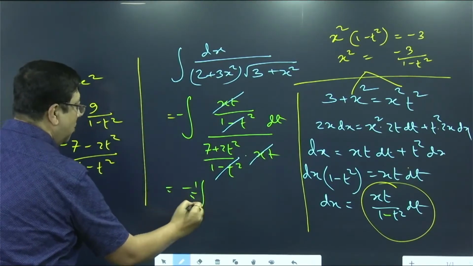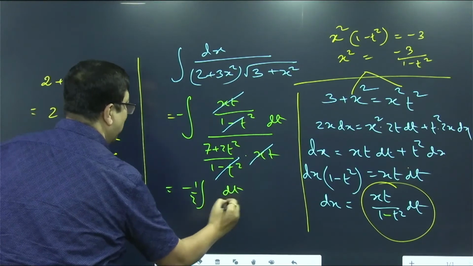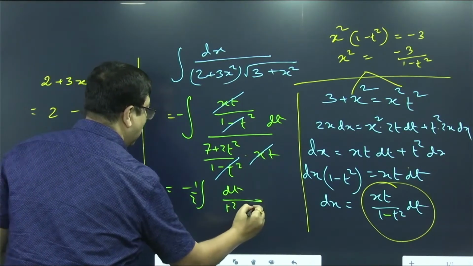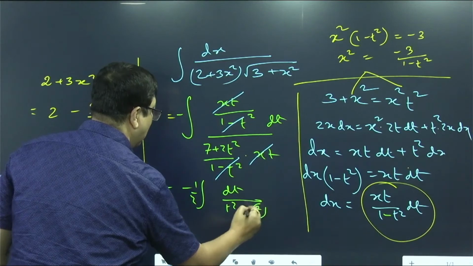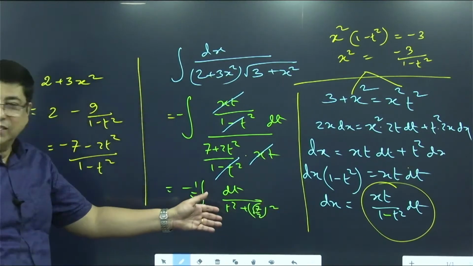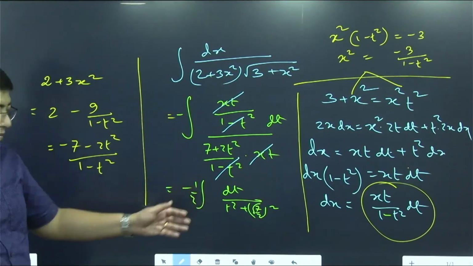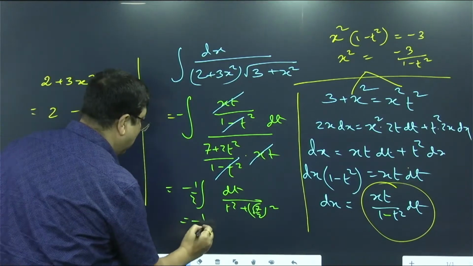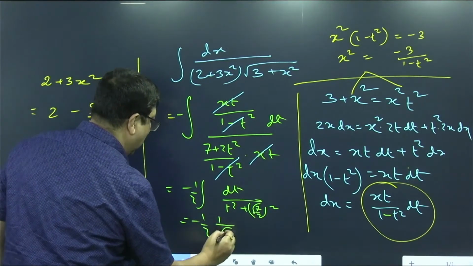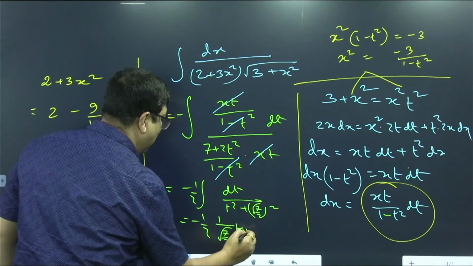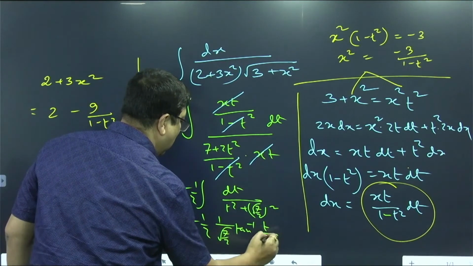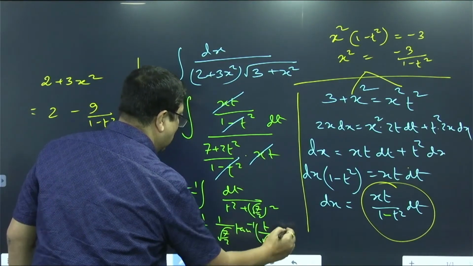If I take 2 common, that is dt by t square plus root over 7 by 2 whole square. So 1 by a tan inverse x by a formula. So we are getting 1 by a tan inverse x by a plus c.